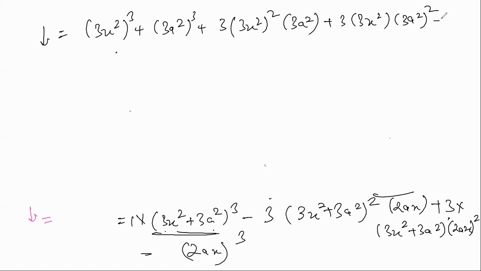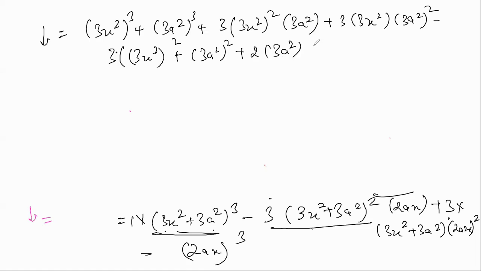Then minus this one: minus 3 into (a + b) whole square, that is a² + b² + 2ab, multiplied by 2ax. Plus 3x² + 3a², and (2ax) whole square.